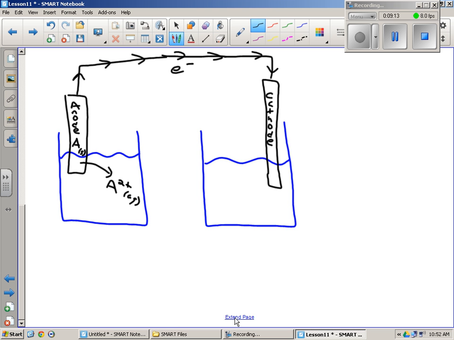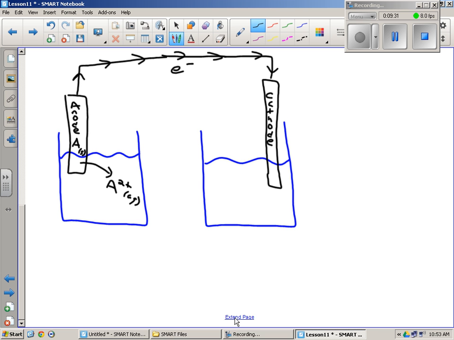I just picked 2 positive because I felt like it. It could have been 1, 3, it doesn't matter. So A solid is turning into A2 plus, and those electrons are being lost.